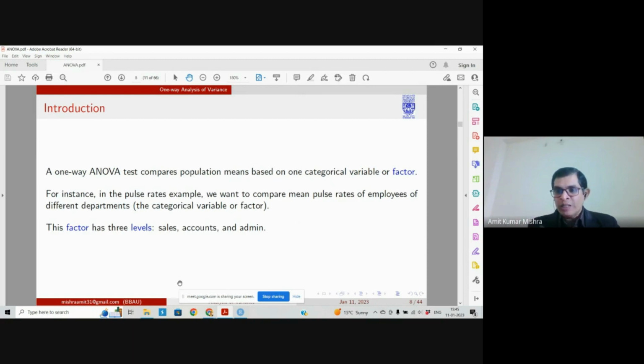So this is a factor, and it has three levels: sales, accounts, and admin. You have only one factor, the category to which your employee belongs, with three levels: accounts, admin, and sales.